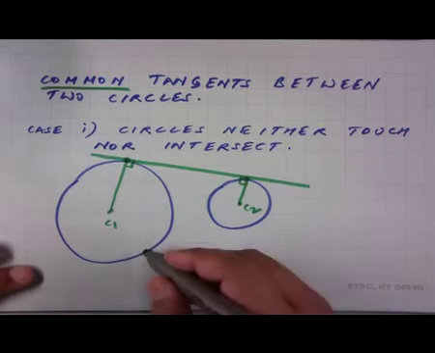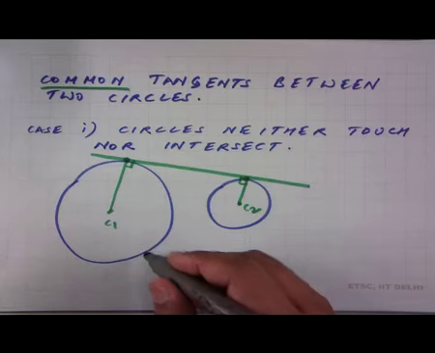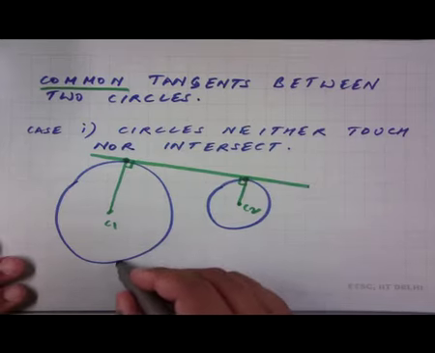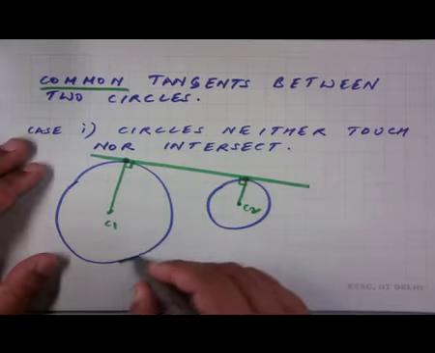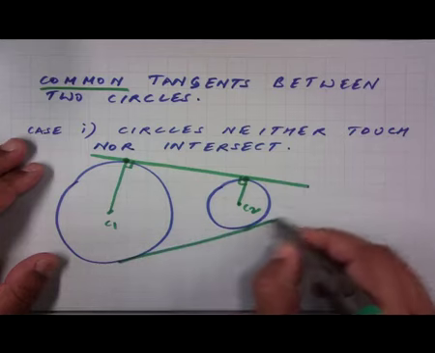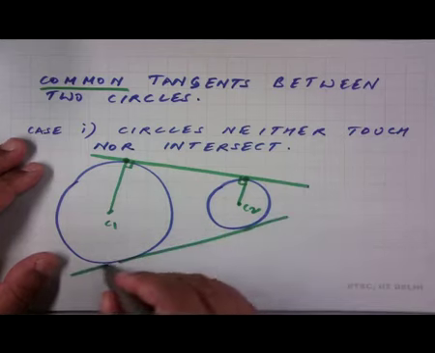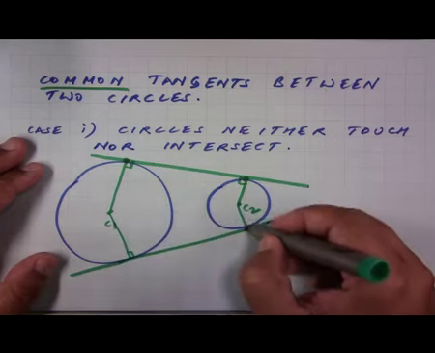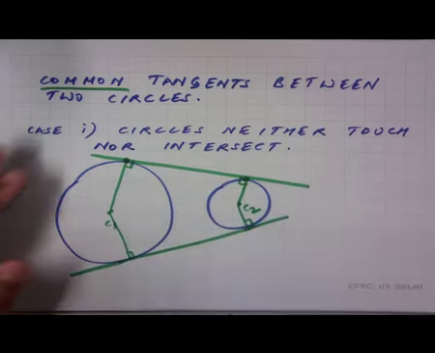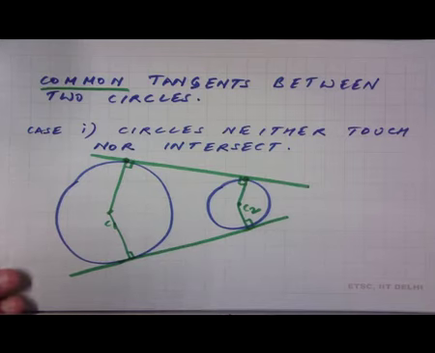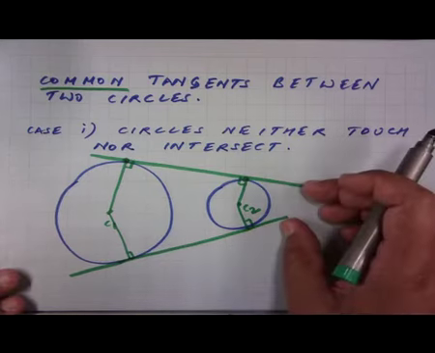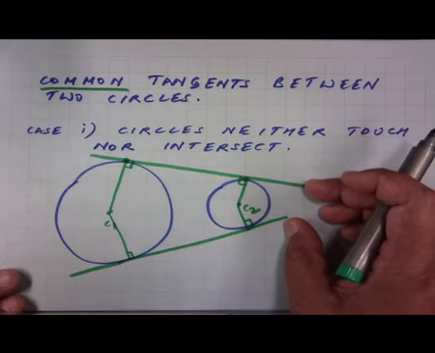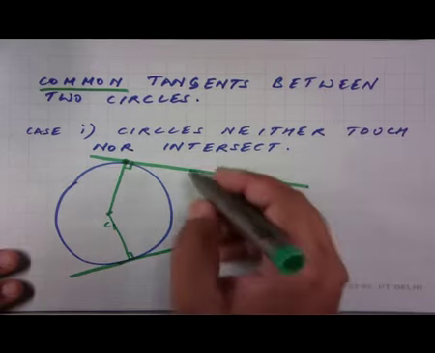We can draw another common tangent here, like this. These two tangents are called direct common tangents.